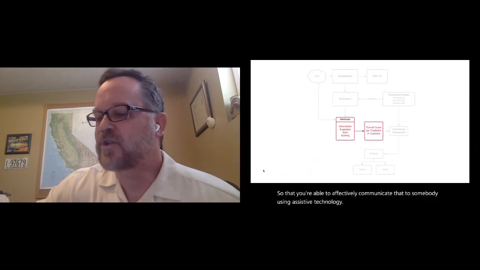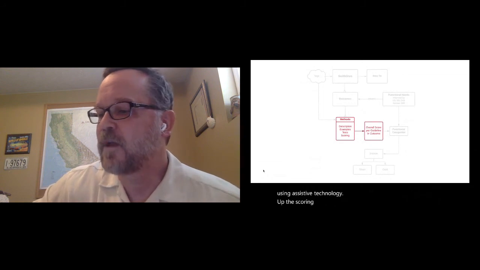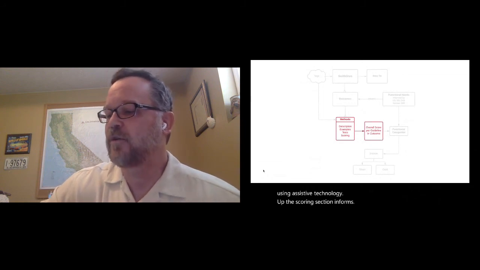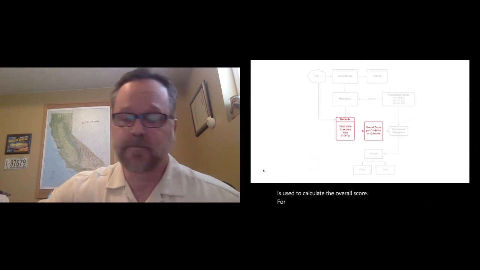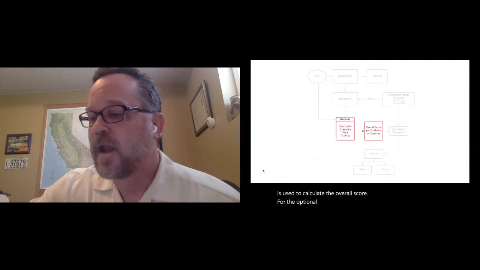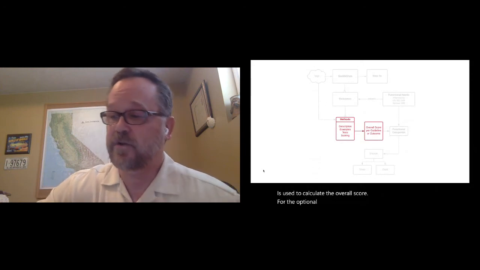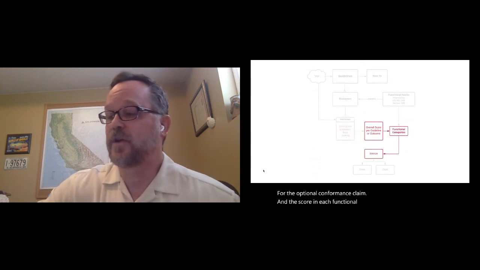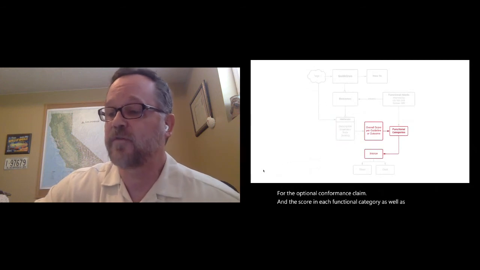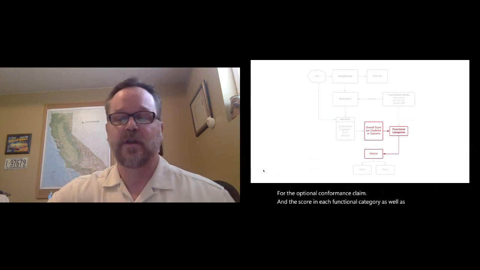The scoring section informs and is used to calculate the overall score for the optional conformance claim. And the score in each functional category, as well as an overall score, determines conformance at a level of bronze.